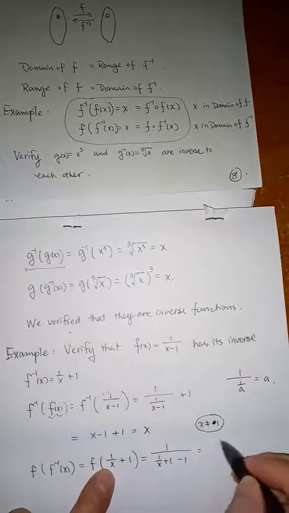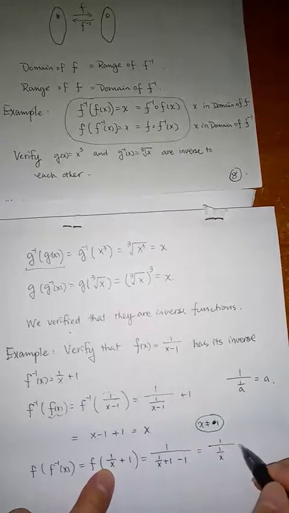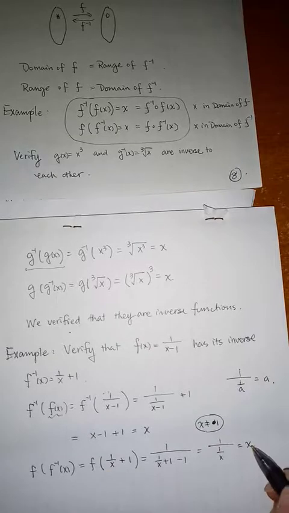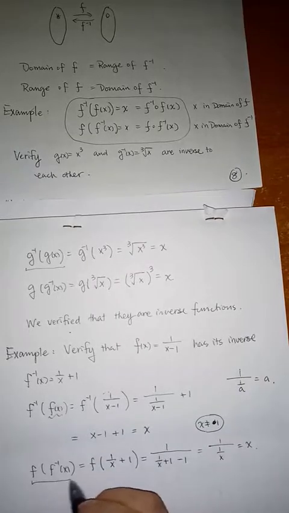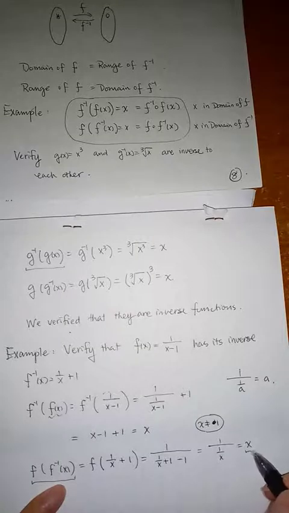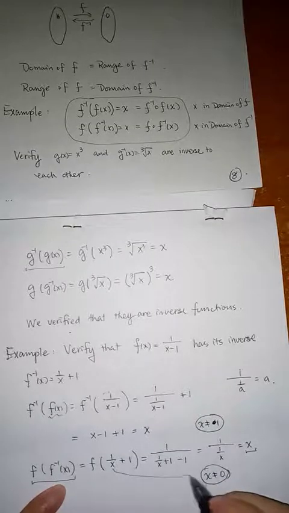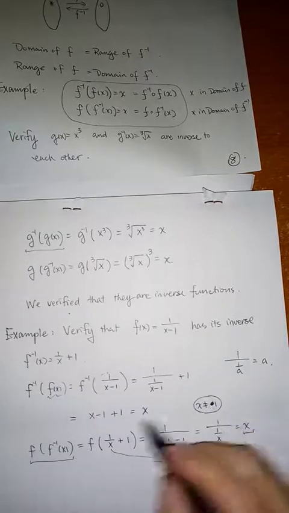Plus 1 minus 1 is 0. So you get 1 over 1 over x. 1 over 1 over x is x. Okay, so we verify that the composite function f composed with f inverse of x is equal to x. But here, this x is not equal to 0, because this gave us a restriction. x cannot be 0. Here, x cannot be 1.